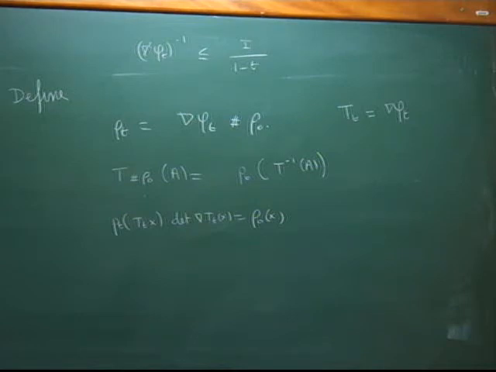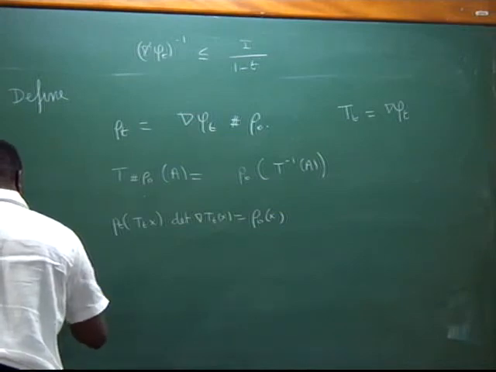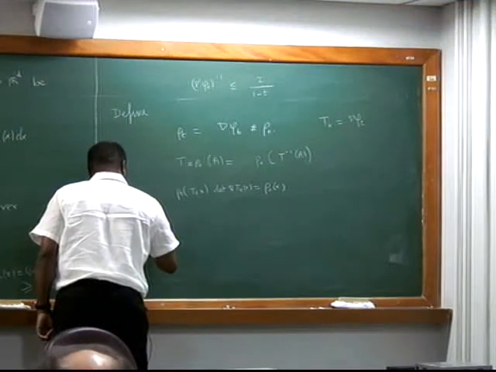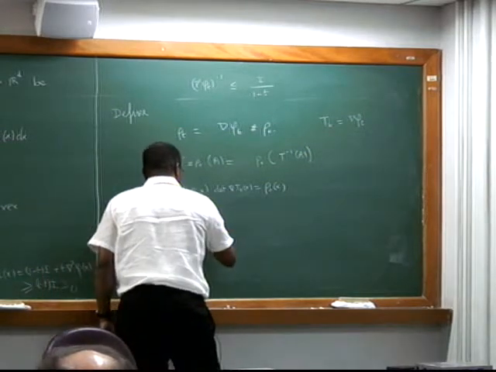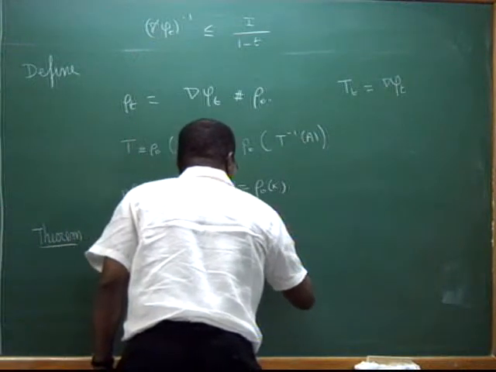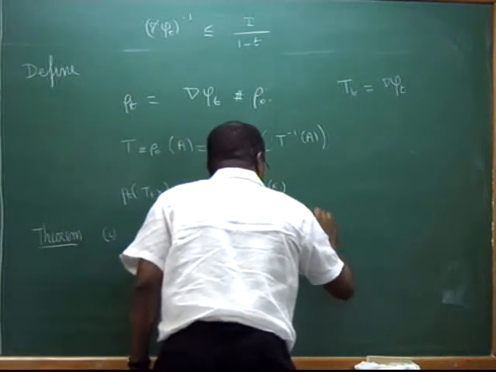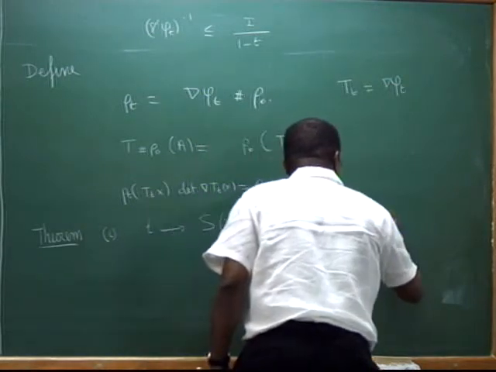Okay. So theorem. The map t goes to S of rho t, which is the integral of rho t log of rho t over R^d, is convex.